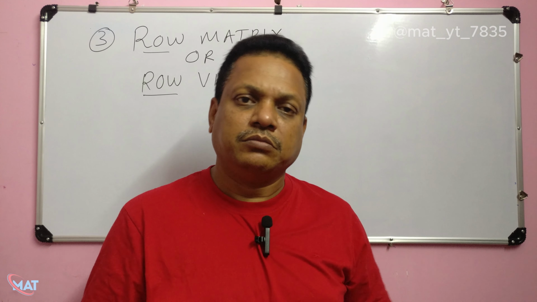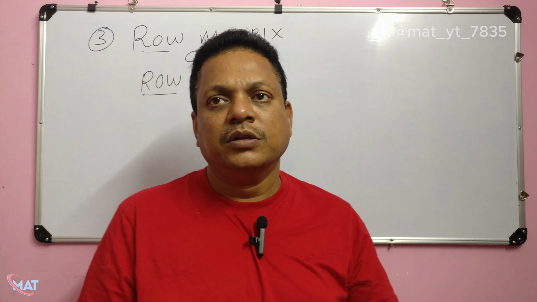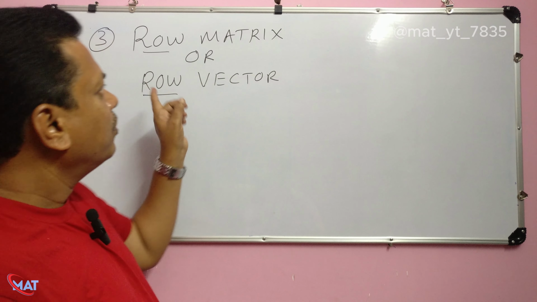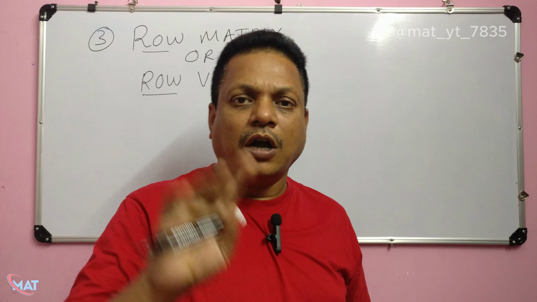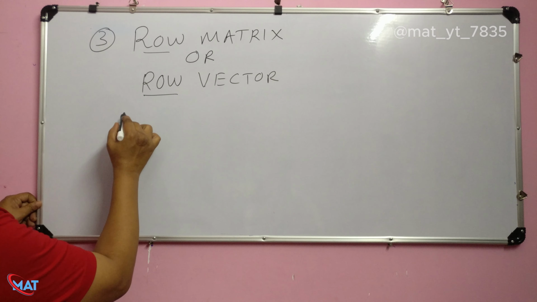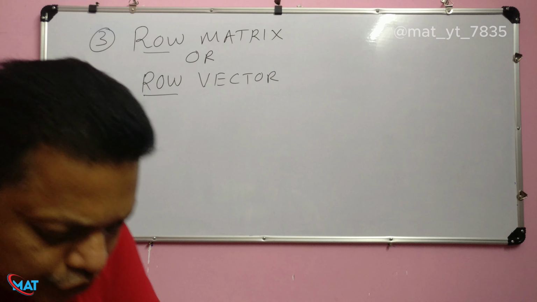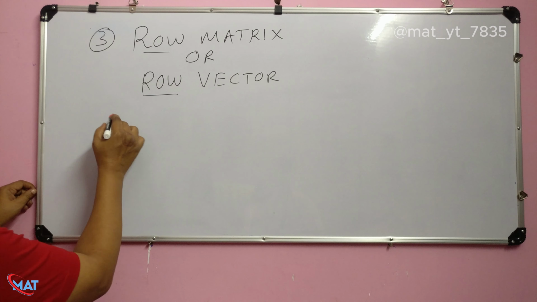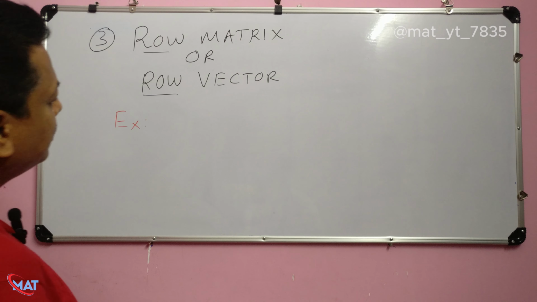What about columns? More than one. How to remember? Row matrix: row should be only one, columns can be more than one. For example, we can represent a row matrix.